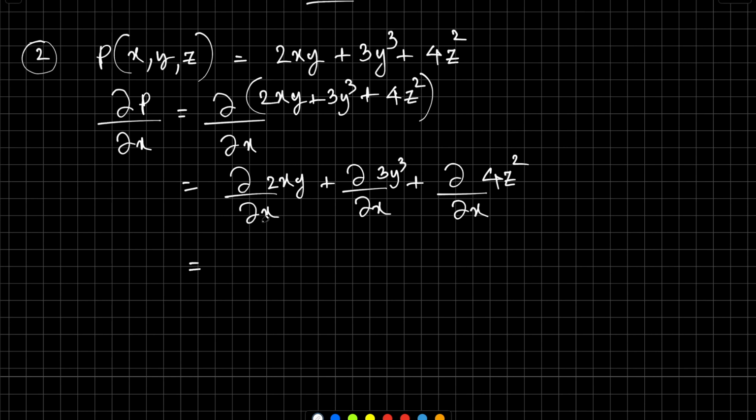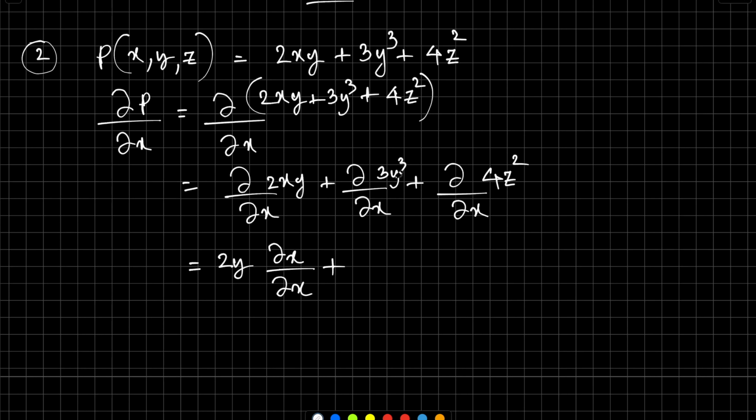In the first term, we are differentiating with respect to x. Yeah, we have x at the top. Take the constants outside. 2 is a constant, take it outside. y is another constant, take it outside. Then we have dou x by dou x. The second term, we are differentiating with respect to x. y should be treated as a constant.